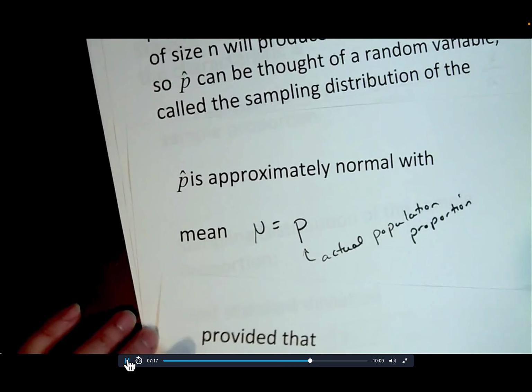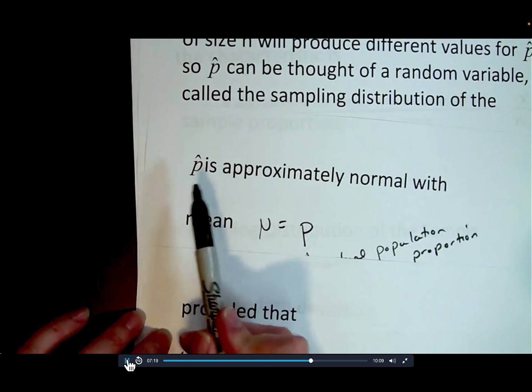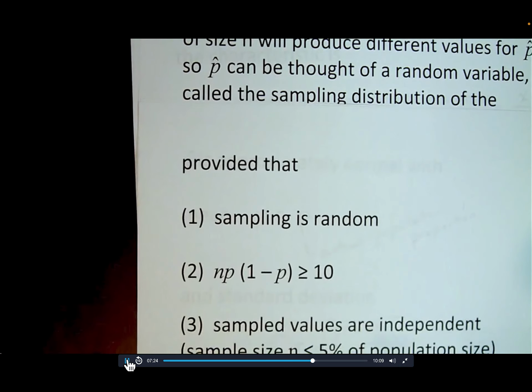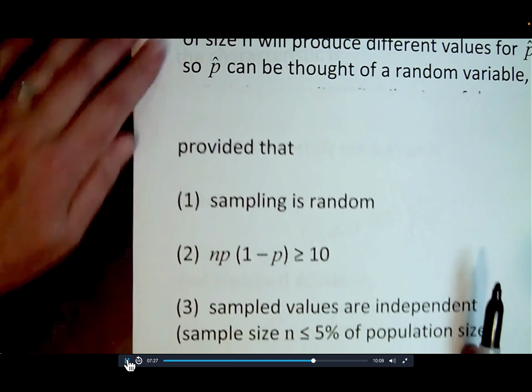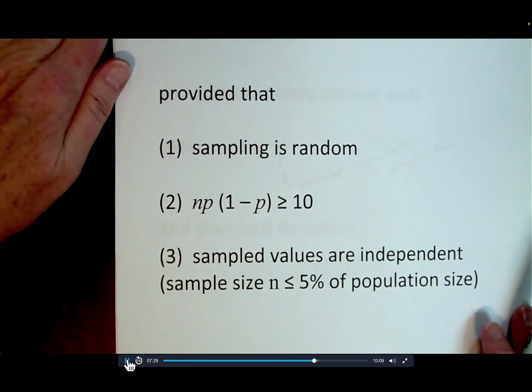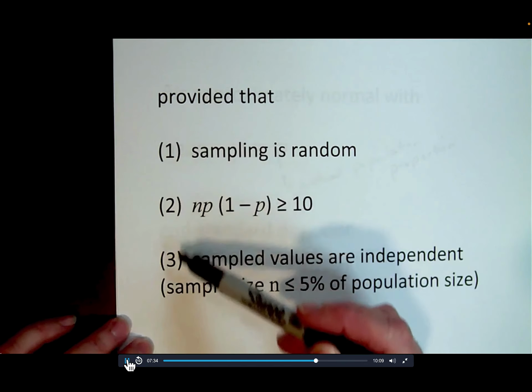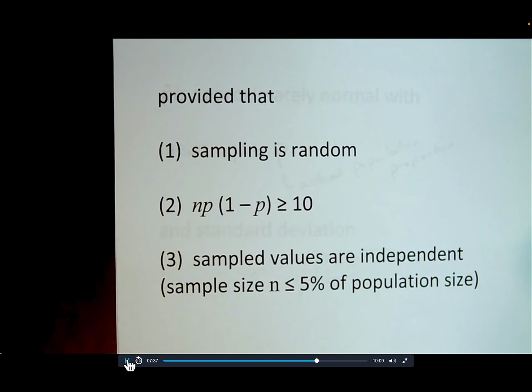We're going to be doing this hypothesis testing based on p hat being normal. How do you know p hat's normal? Well, it's going to be approximately normal provided these things are true. So if the homework asks you to verify that the hypothesis test is valid, what they're asking you is to verify that stuff. You might want to make a note here so that you can come back to that if the homework asks you about it.